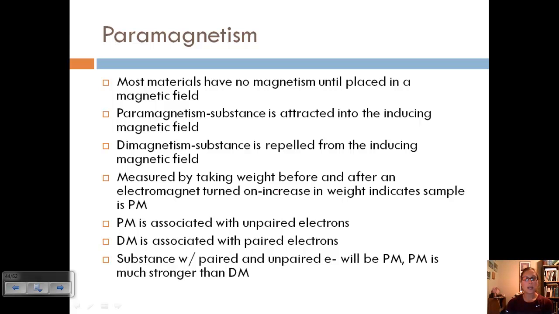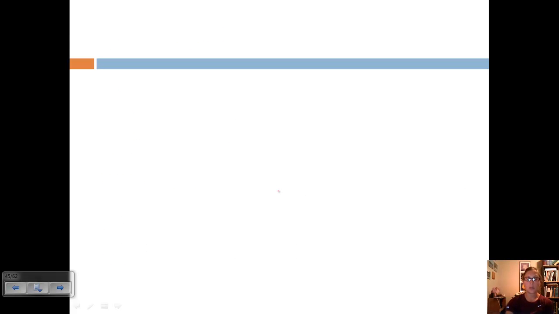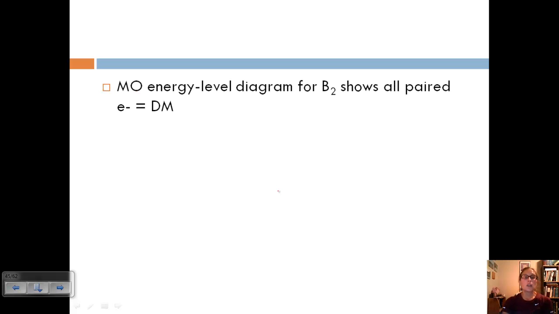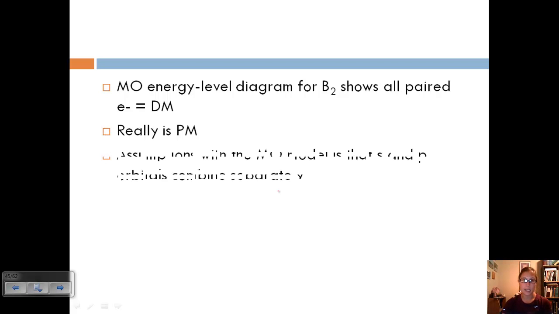So a substance with paired and unpaired electrons is going to be paramagnetic, because paramagnetism is much stronger than diamagnetism, and so it will take over. If we look at the molecular orbital energy level diagram for boron, it shows all paired electrons, which means diamagnetic, but it really is paramagnetic.